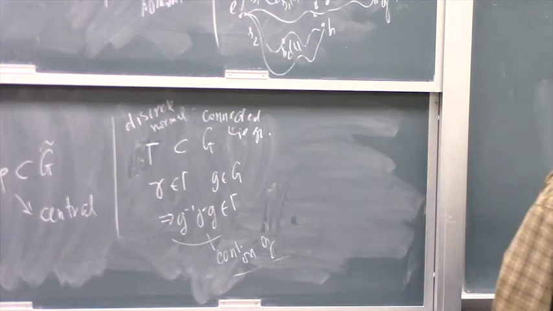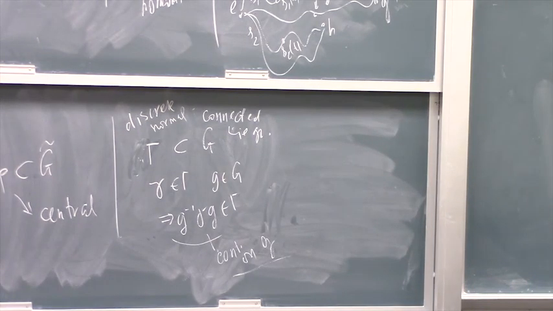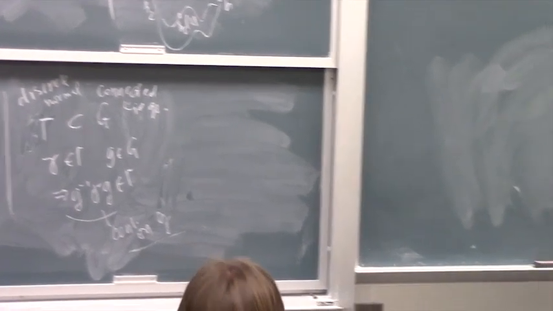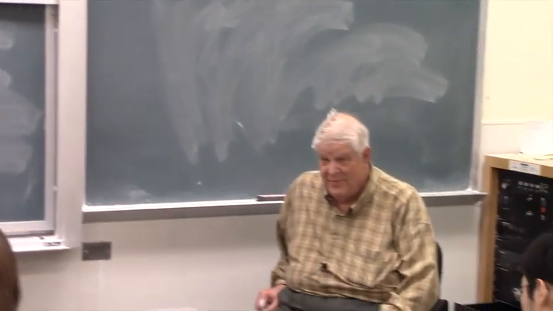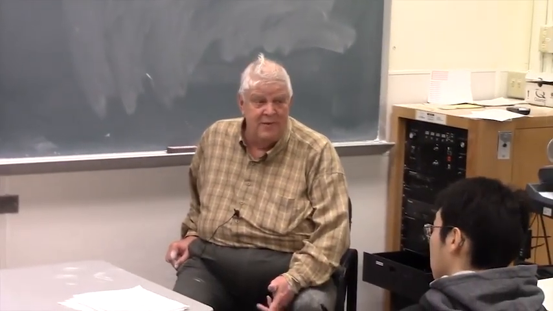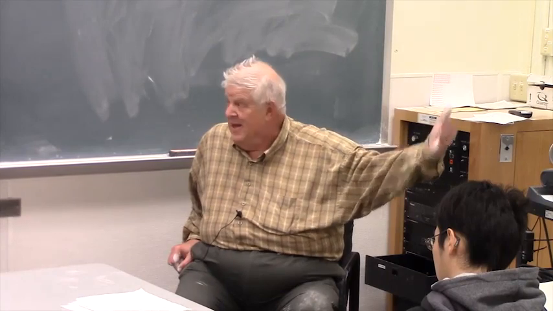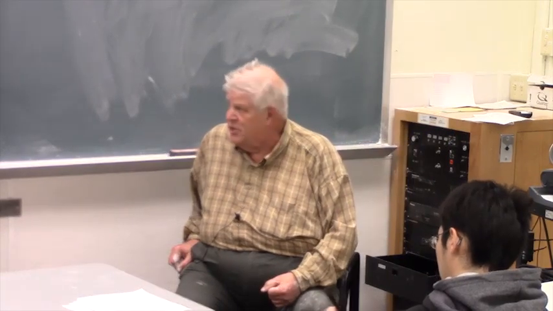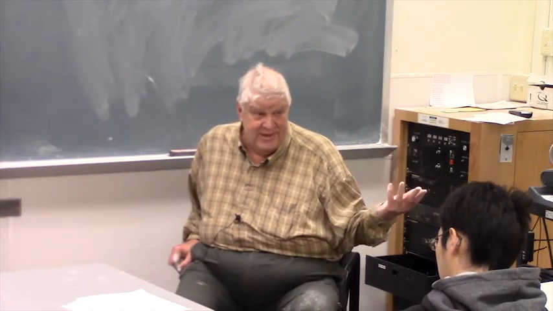And what do you think, my friends, of a function depending continuously and taking values in a discrete set? I personally think this function should be constant, right? If you vary g, then g inverse gamma g should vary, right?